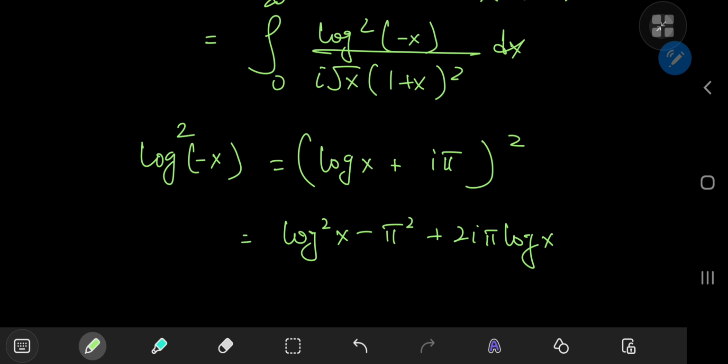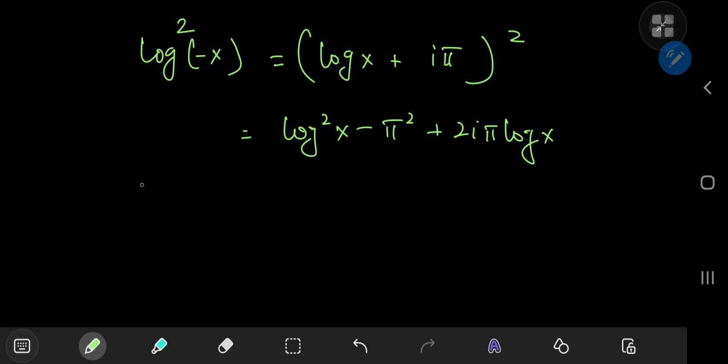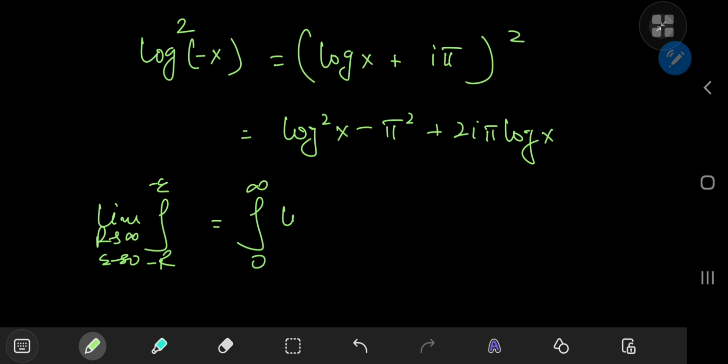So plugging in this information into the integral, so the integral from negative r to negative epsilon in those two limits equals the integral from 0 to infinity now of the squared logarithm of x divided by square root x times 1 plus x now.